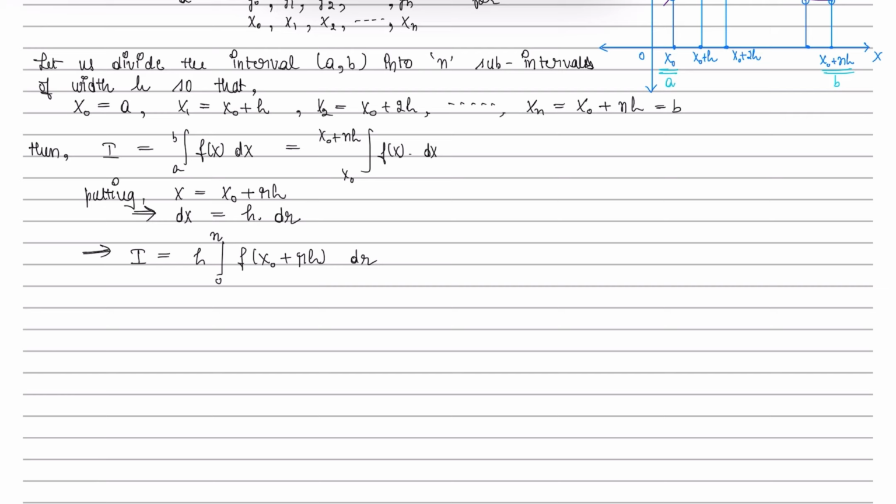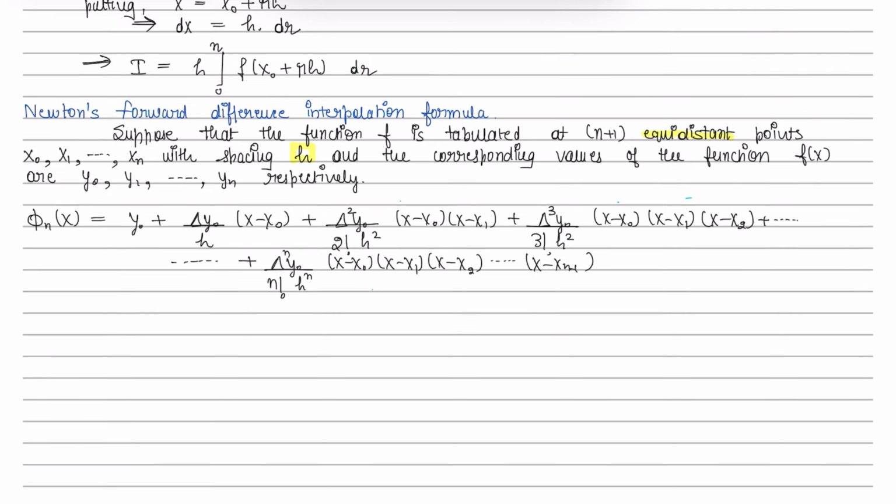Let me rewrite this. In that, we suppose the function f has tabulated at some n plus 1 equidistant points, and the corresponding value of the function f of x are given. Then we approximate this function f of x by some polynomial named as phi n x.